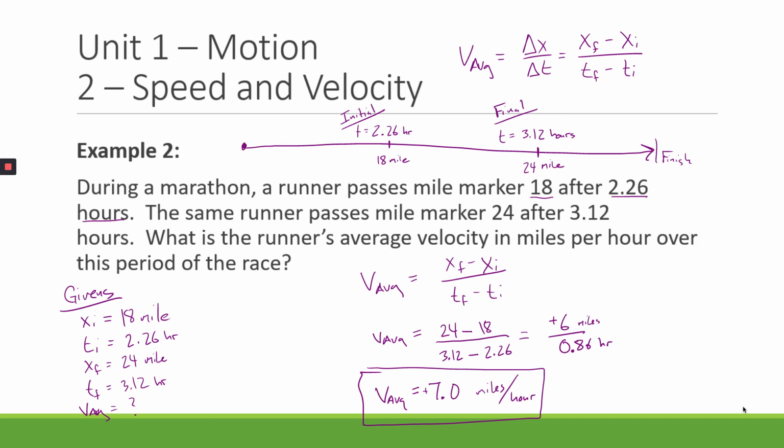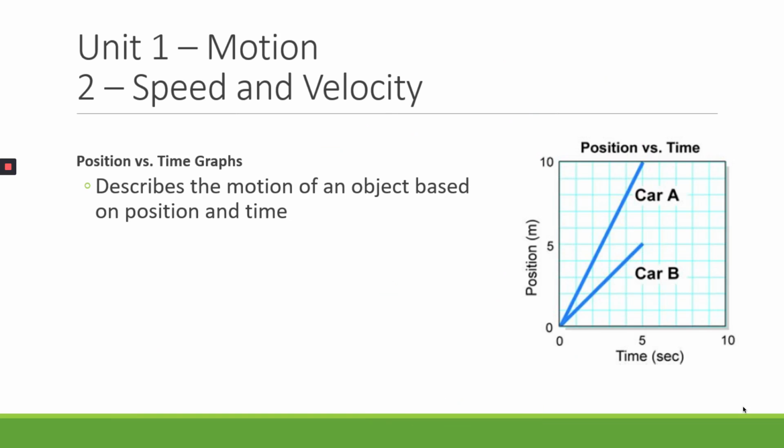Now, this is all word problems seeing velocity, correct? What if we saw velocity on a graph? So position versus time graphs are called that because the y-axis is your position and the x-axis is your time scale.